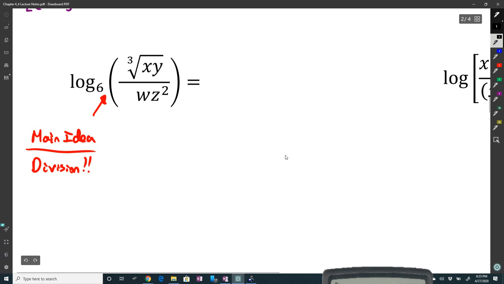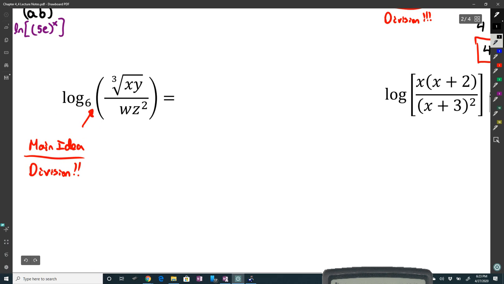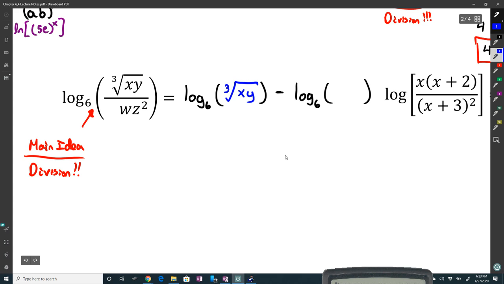And so for division, we have log base 6 of the top minus log base 6 of the bottom. So the cubed root of xy goes here. WZ squared goes here.